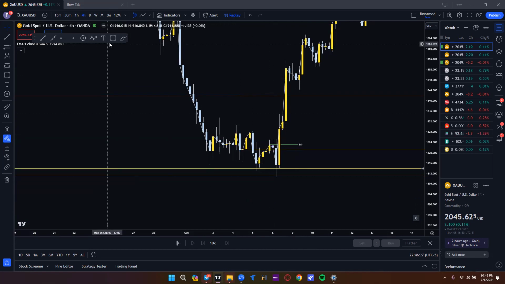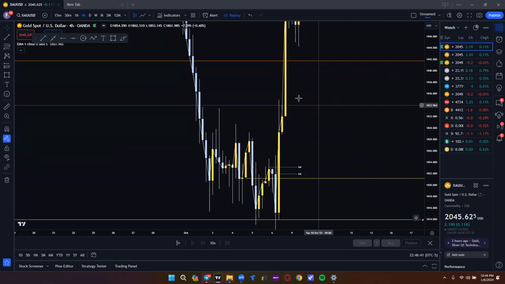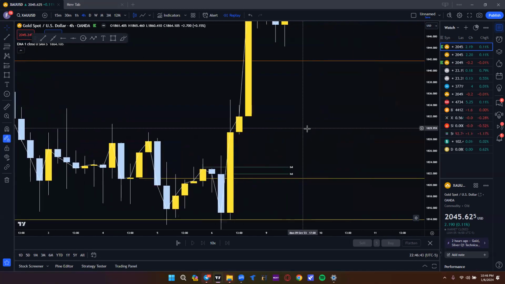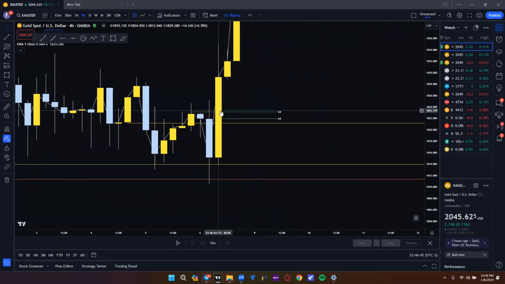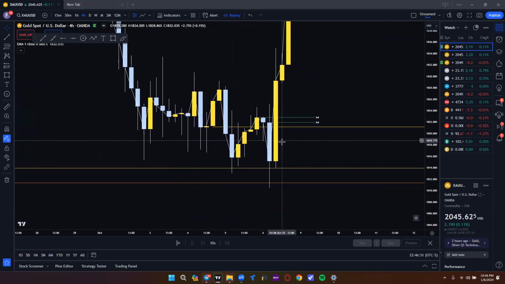H4 time frame is green, so you can see that H4 created a decision as well to break out an H4 decision level. Or you can say H4 breaks this SNR, but I don't mark out SNR.